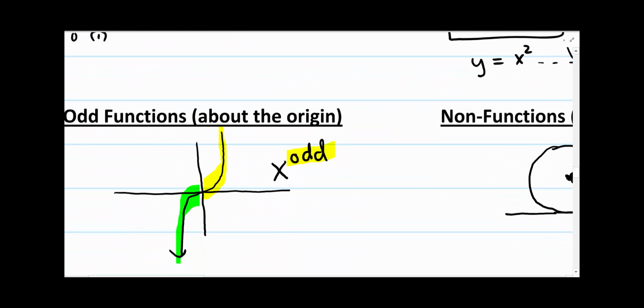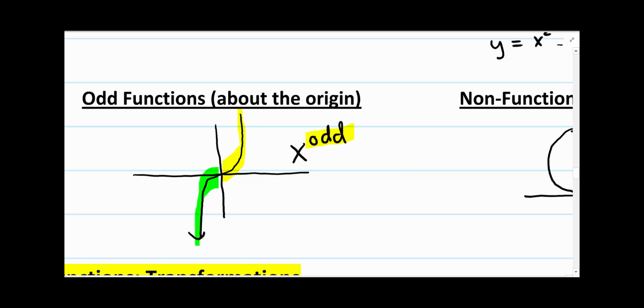So for odd functions, odd functions are symmetrical about the origin. This is probably a little bit confusing, but odd functions are going to be x to an odd exponent. But remember, if f of x is equal to x cubed, which looks about like this one, that's an odd function.